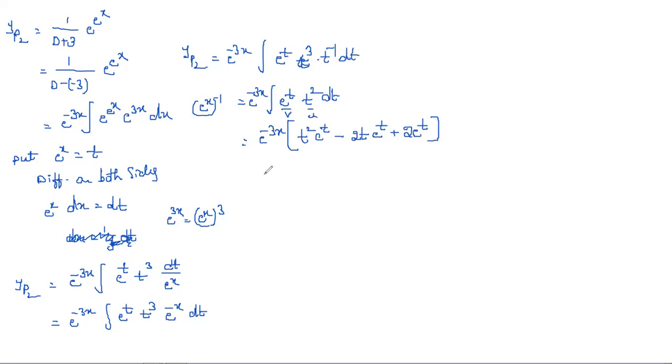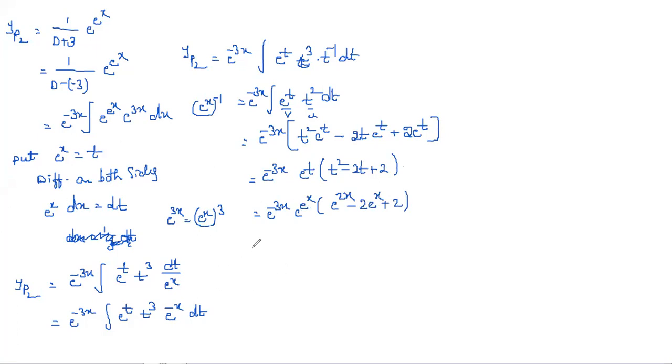So this is equal to e power minus 3x into, e power t is the common one, t square minus 2t plus 2. But here e power t is nothing but e power x. So e power x, and this is e power 2x minus 2 e power x plus 2. We just substitute e power x in place of t.